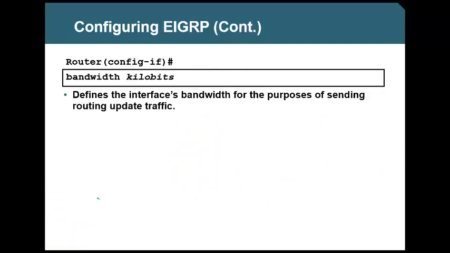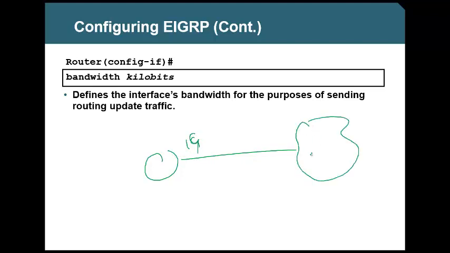Now, EIGRP considers bandwidth and delay. And if you wish to give a customized bandwidth, the bandwidth on the link may be 1 gig, but the service provider has provided you only, let's say, 500 meg, just for example.